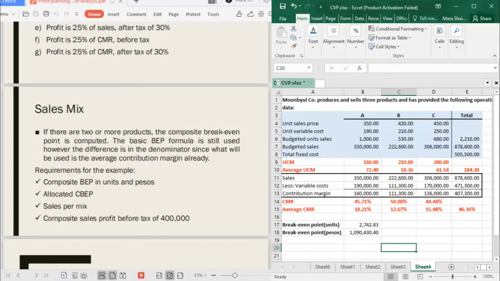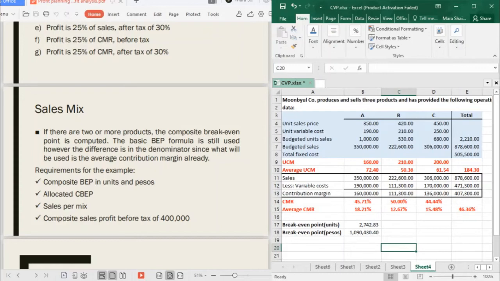Now, again, what we will try to get is the break-even point, or na naman siya din ha, pero I will show you yun sa pag-arrive, break-even point in peso and in units, the allocated composite break-even point, the sales mix, sales per mix, and the composite sales profit before tax of 400,000.